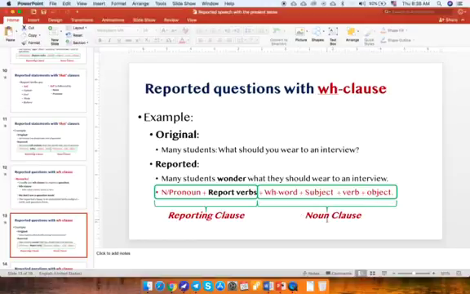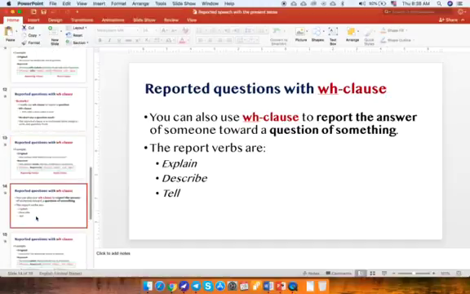This whole thing we can see as the noun clause, or we can say WH clause, right? And you can also use a WH clause to report the answer of someone toward a question. For example, what are the other reporting verbs that we can use? We can use explain, we can use describe, we can use tell, right?